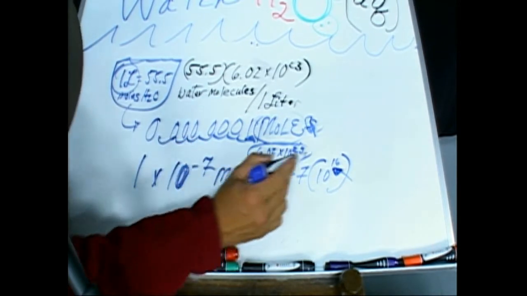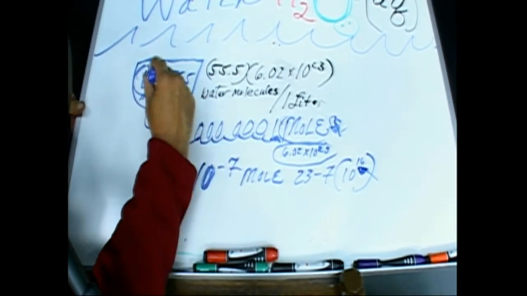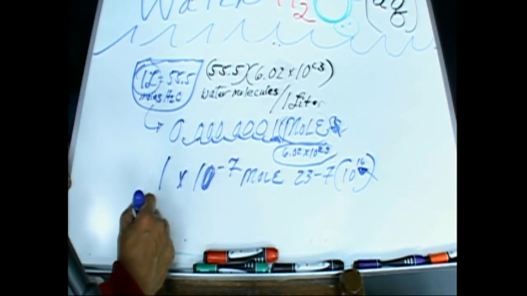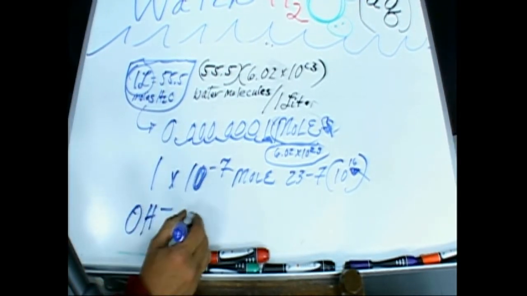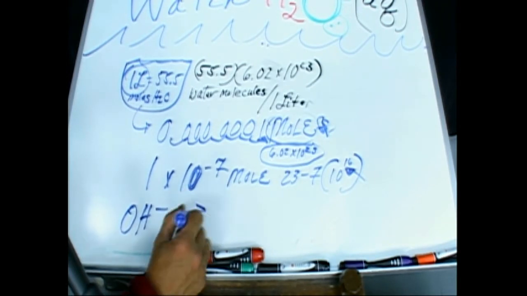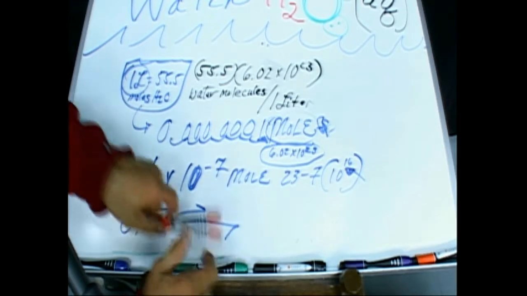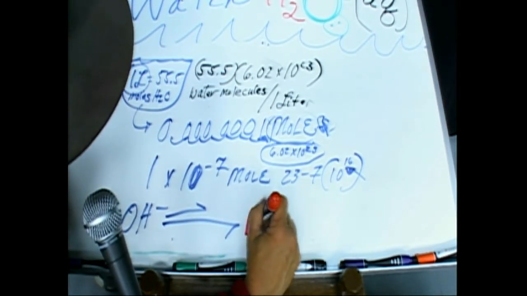10 to the 16th water molecules in that 1 liter at any given second are as the OH minus or the H3O plus.